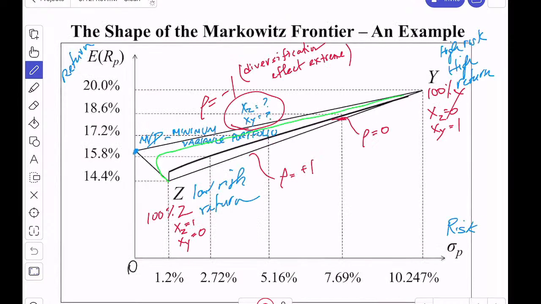And again, over here, you can verify all these numbers. You can spend some time to verify these numbers with the formulas that I pointed out on the previous page.